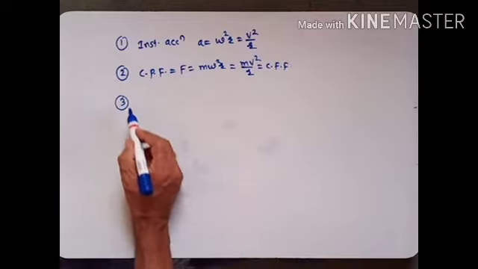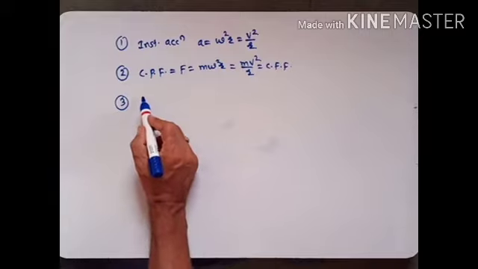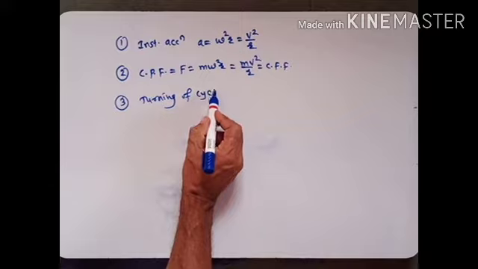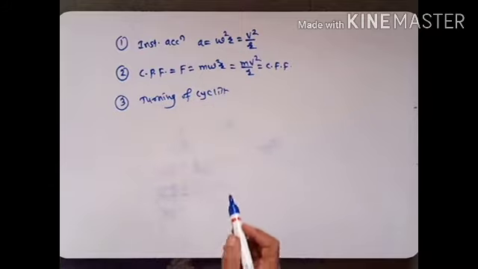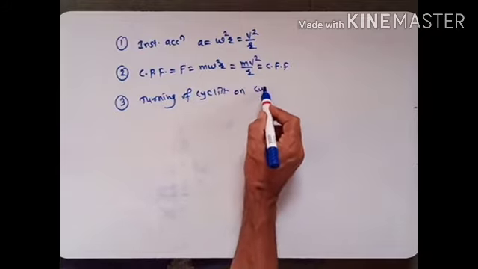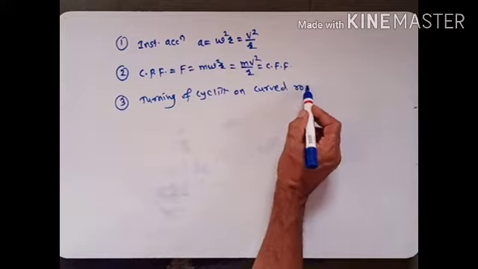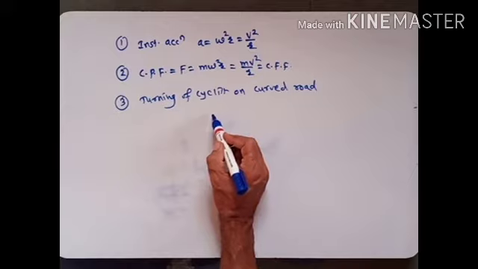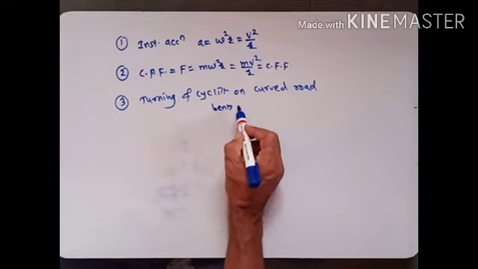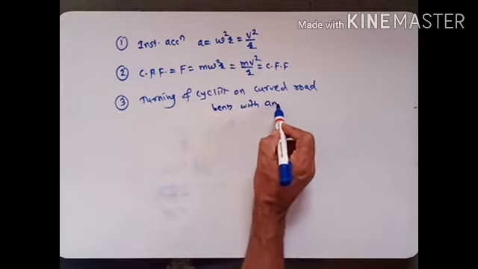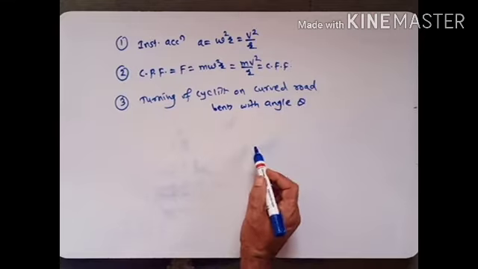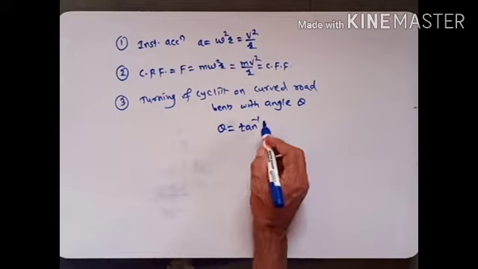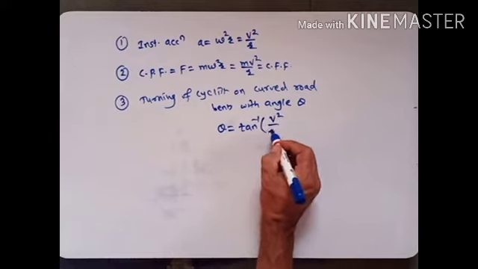Then turning of cyclist on curved road. When a cyclist takes a turn on a curved road, then he bends with angle theta, given by theta is equal to tan inverse v square upon rg.